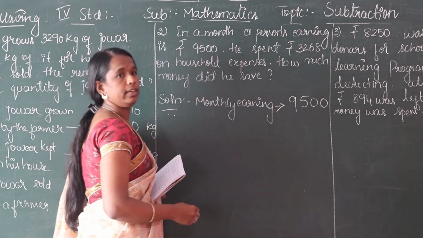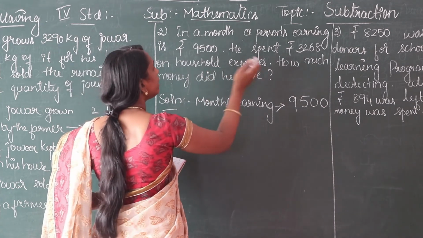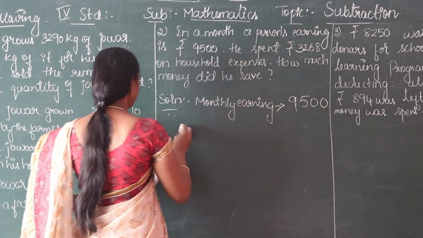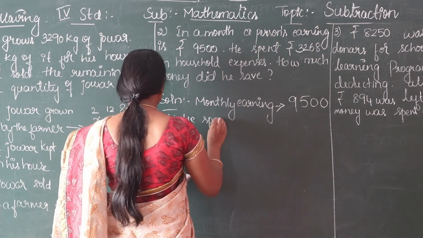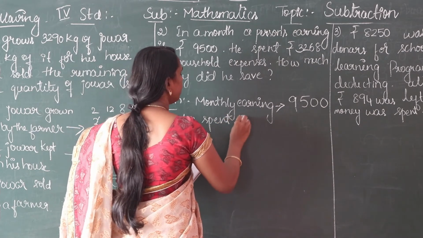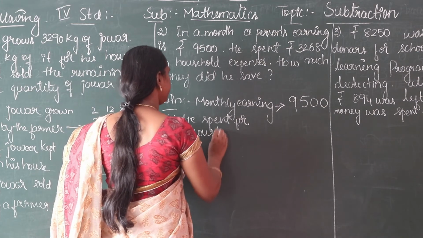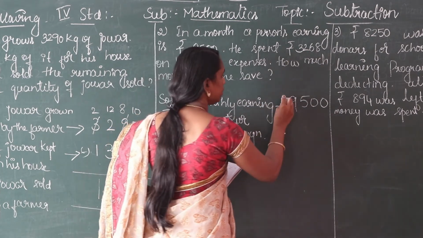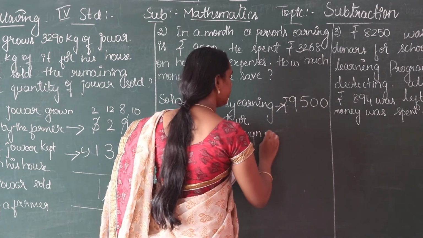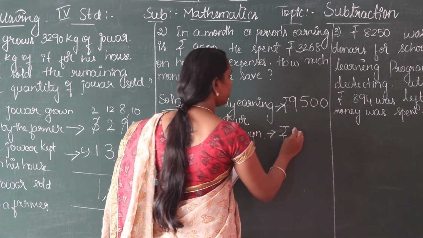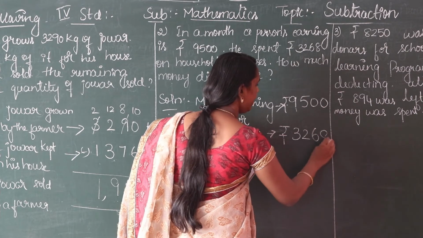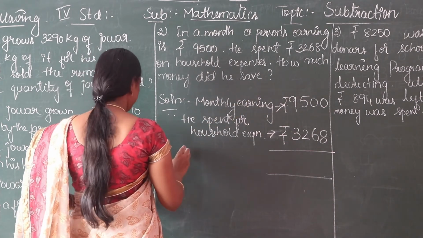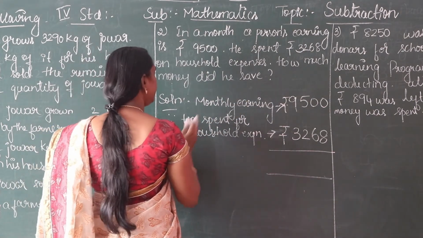He spent some money on household expenses, that is rupees 3,268. So, how much money did he save?